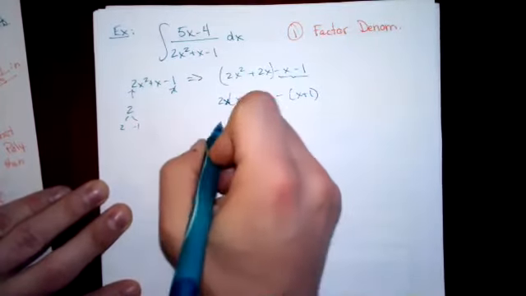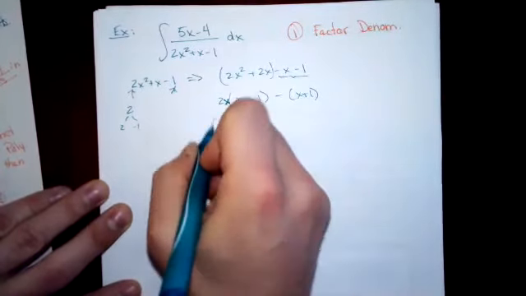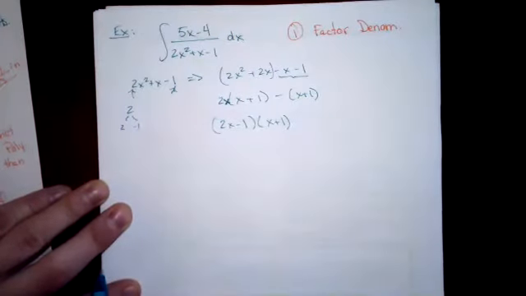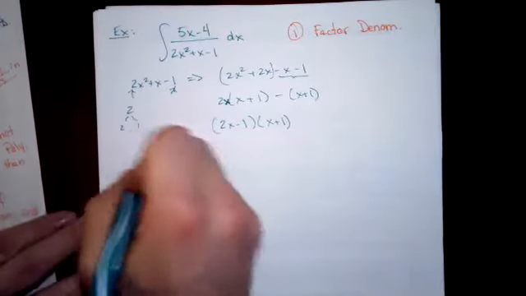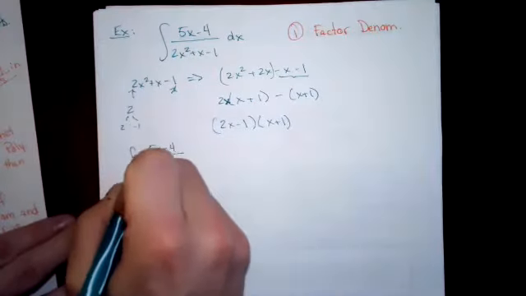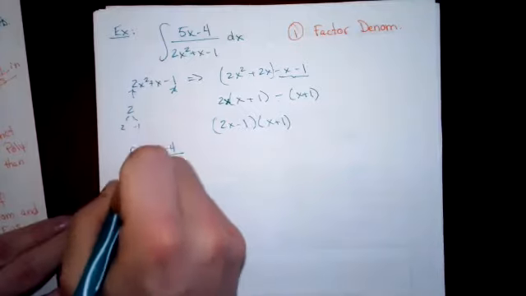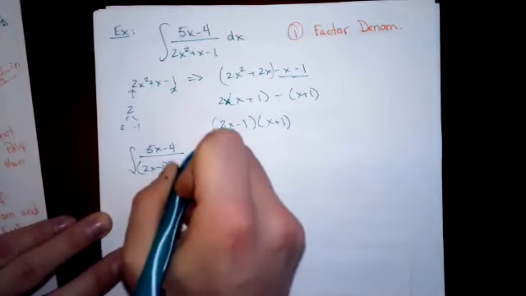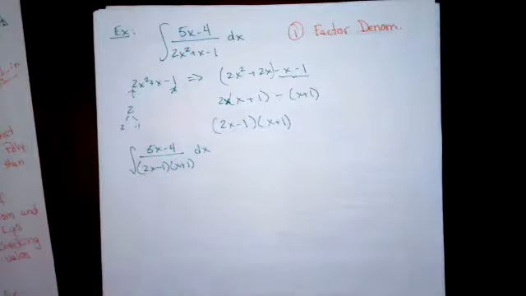Once we have it like that, we see that it factors as 2x minus 1, x plus 1. So we've got 5x minus 4 over 2x minus 1, x plus 1 dx.